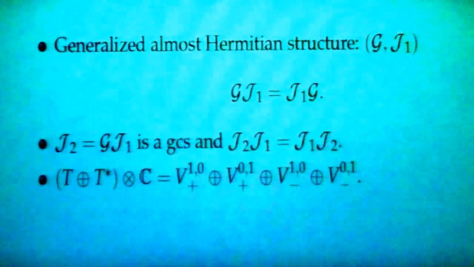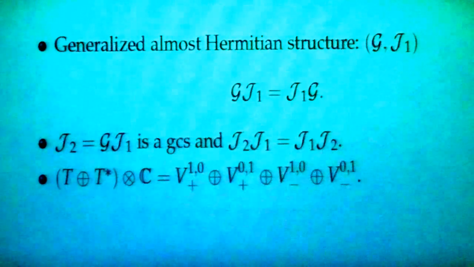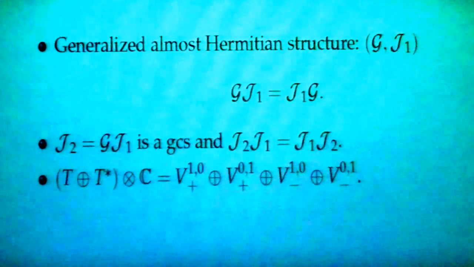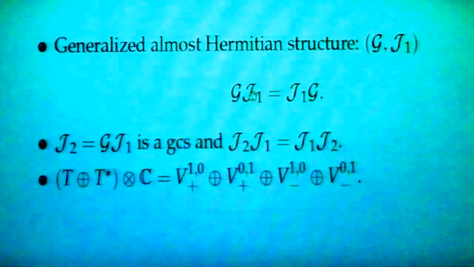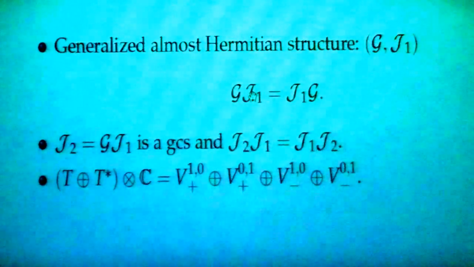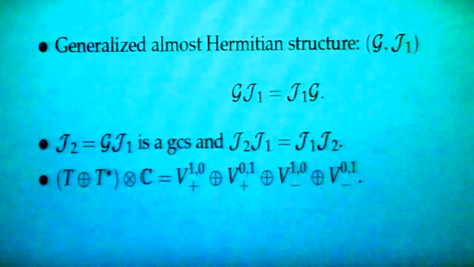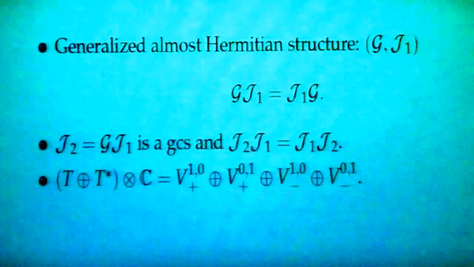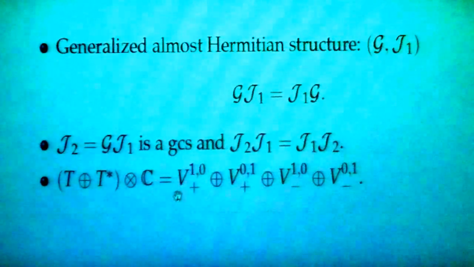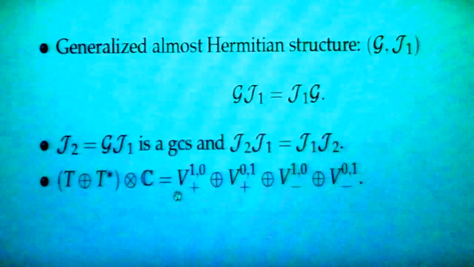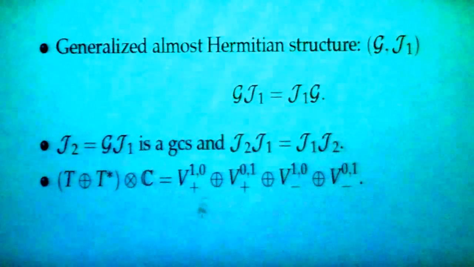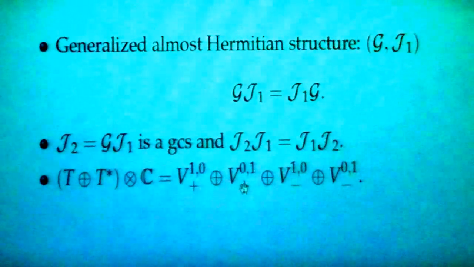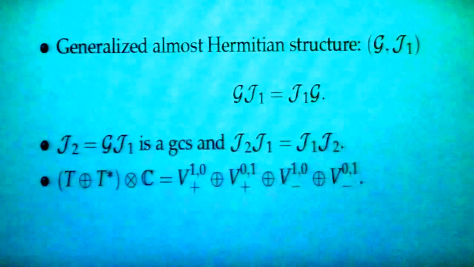Now when you have this, you can start decomposing your space, say T plus T star and the space of forms, into intersections of eigenspaces. So you have here a number of operators, G, J1 and J2, and they all commute. So you can decompose all your spaces into intersections of eigenspaces instead of just eigenspaces for, say, J1 or G. V plus was the plus 1 eigenspace for the metric, and now we can decompose this plus 1 eigenspace into the plus i eigenspace for J1 and the minus i eigenspace for J1.